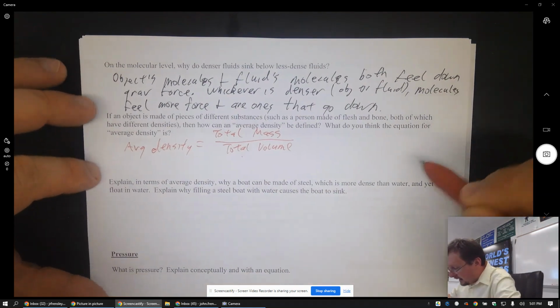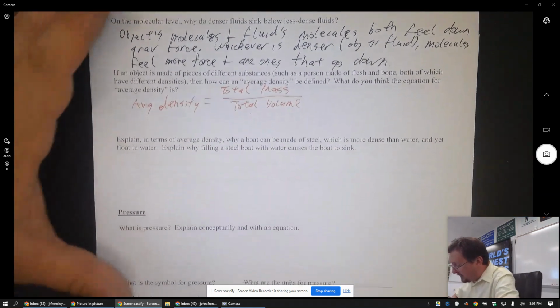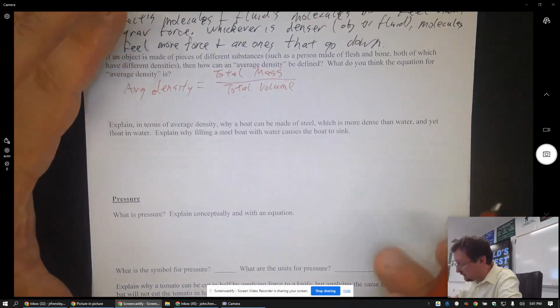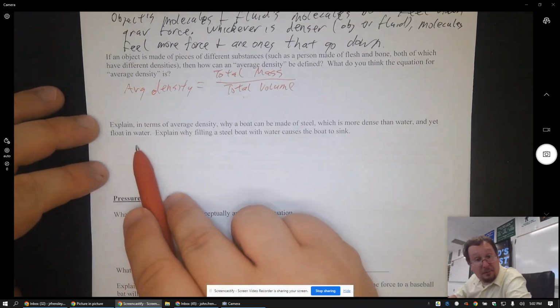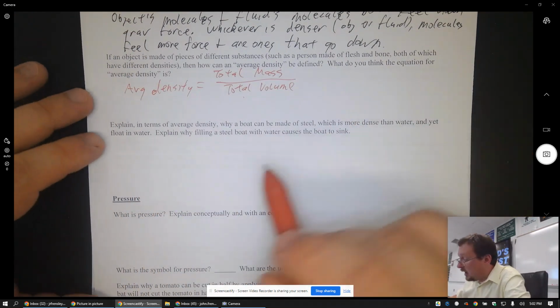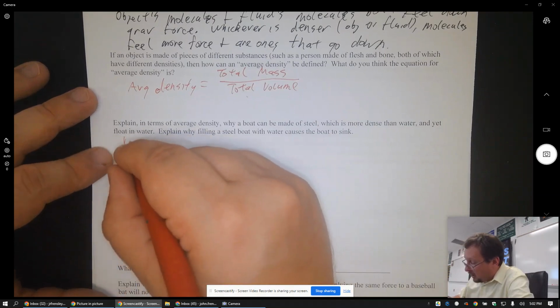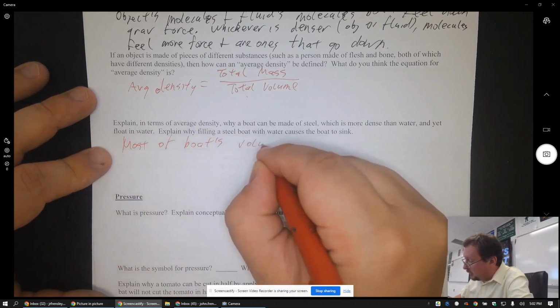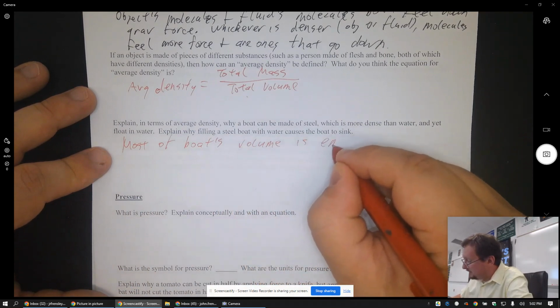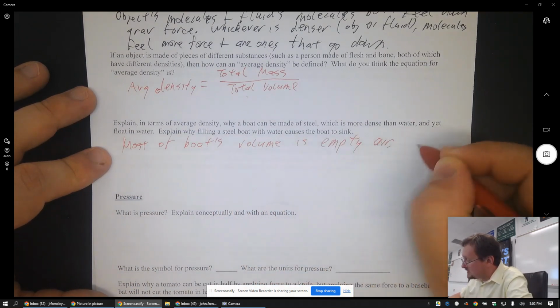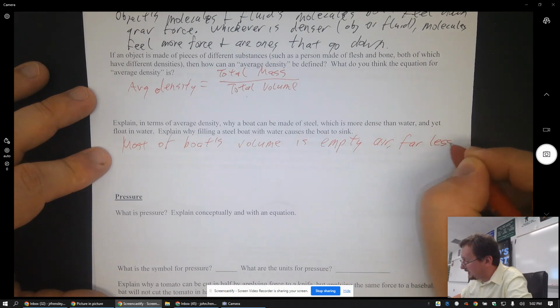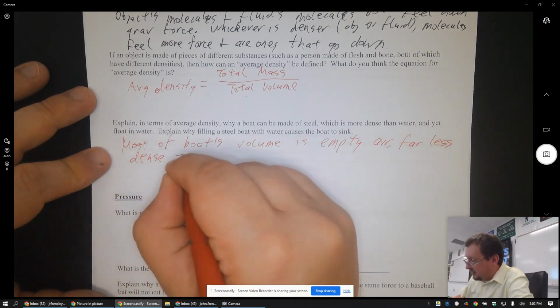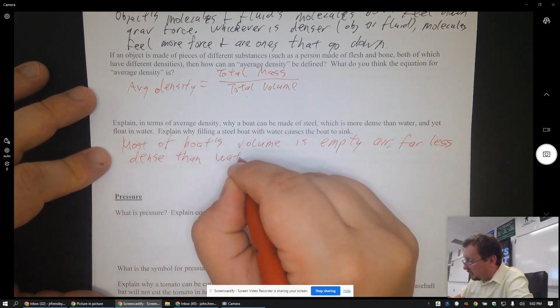Okay. Why can a boat be made of steel, which is more dense than water, and yet the boat can float in water? Well, that is because most of the boat's volume is empty air, which is far less dense than water, okay?